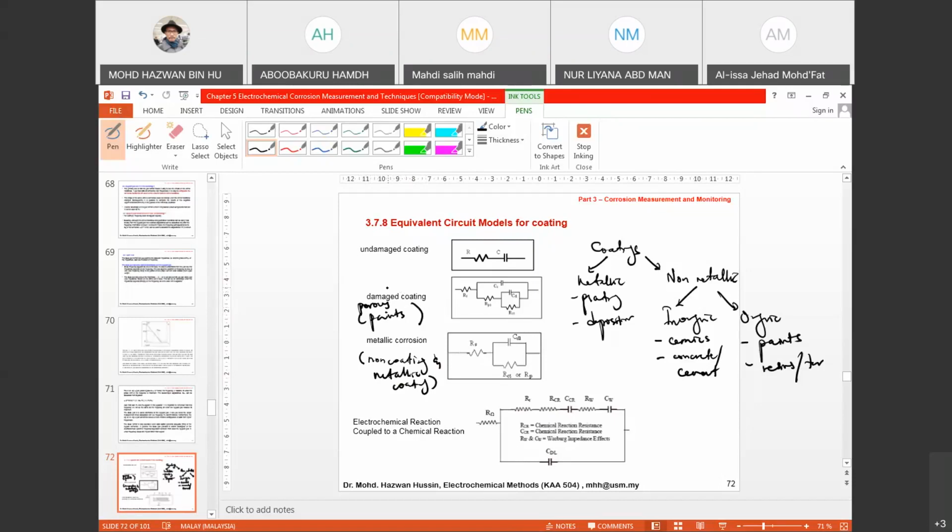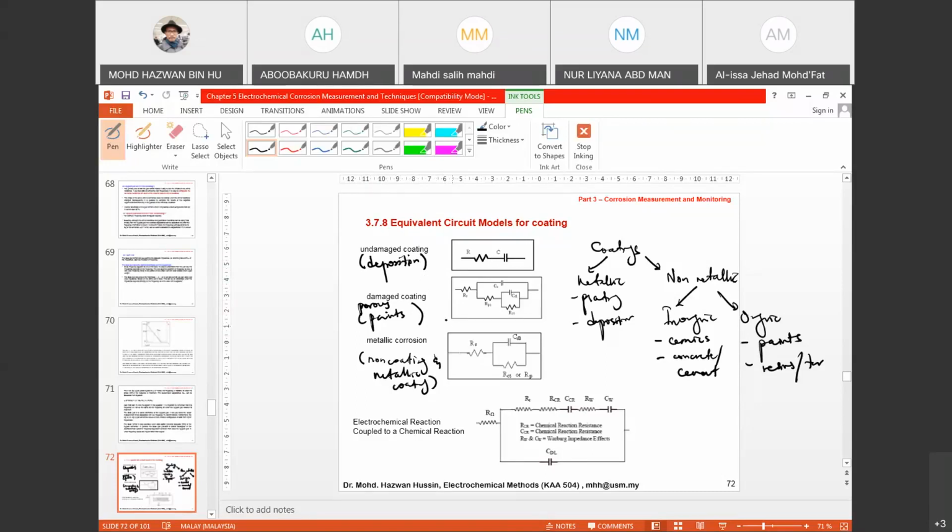Well, for undamaging coating, as I said over here, this is for deposition technique, electro deposition techniques, compared to other types. So deposition is more stable. It's considered as undamaging coating. So that is why the equivalent circuit is going to be as follows.